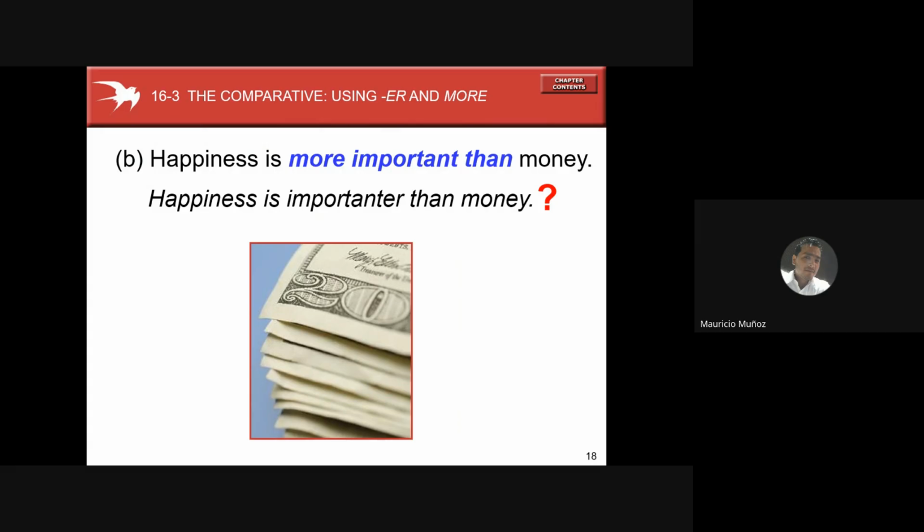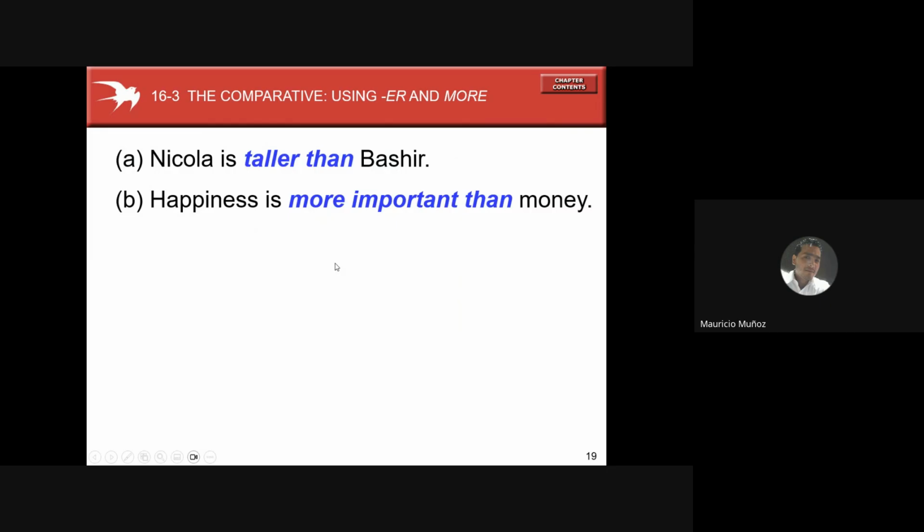Okay. Again, we have the same sentence. Look at it. We cannot add the suffix er for long adjectives. In other words, we cannot say important, importanter. No, that's not correct. So be careful. Okay, now here we have the two examples.